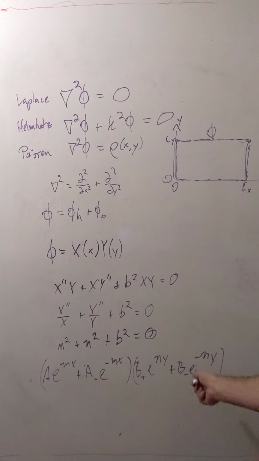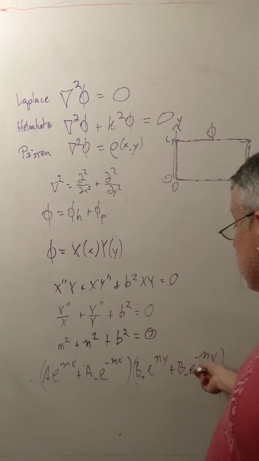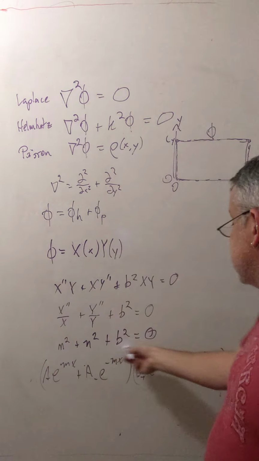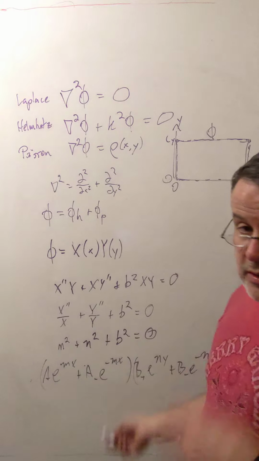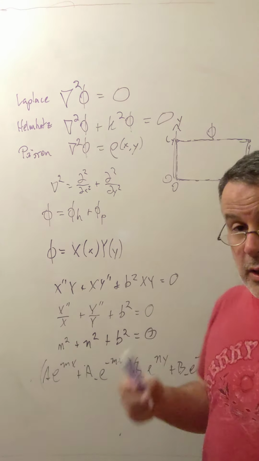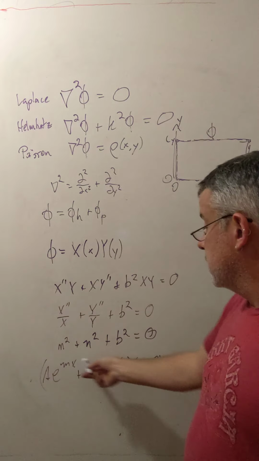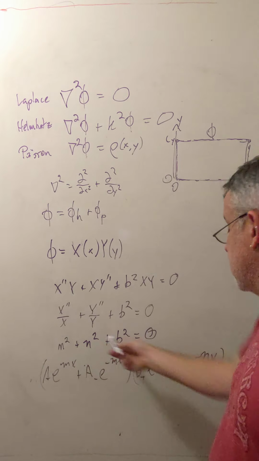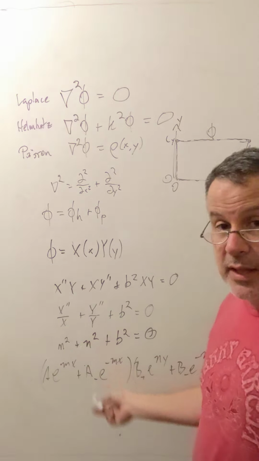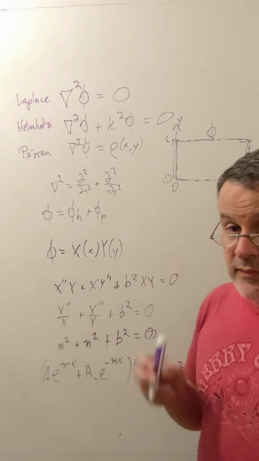We really don't know whether these are complex or real, but we do know that they'll always satisfy this equation. If b squared went all the way to 0, we'd recover our Laplace equation solution, with m real in one case and imaginary in the other, so that they cancel out, and m and n would have the same magnitude.